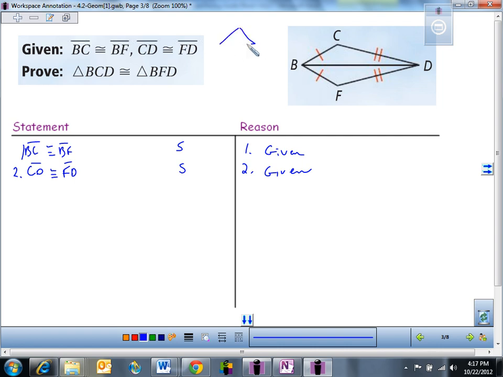If I split these 2 triangles apart, this is side BD, and this is side BD. How do I know that BD is congruent to itself? It starts with an R. Reflexive. So segment BD is congruent to BD because of the reflexive property.